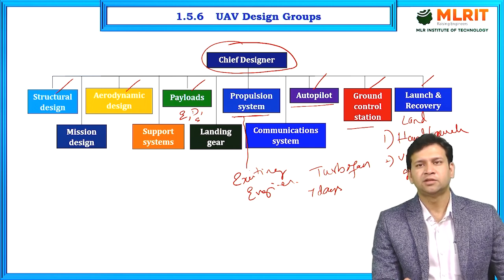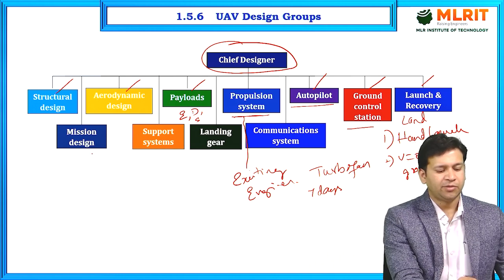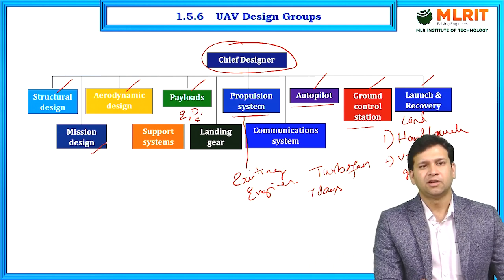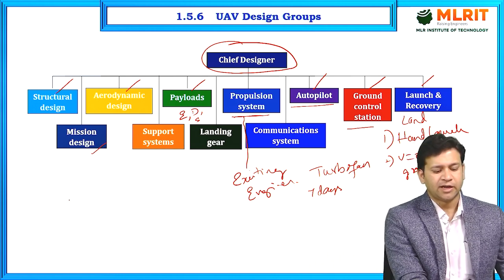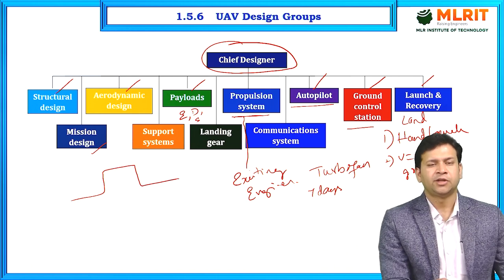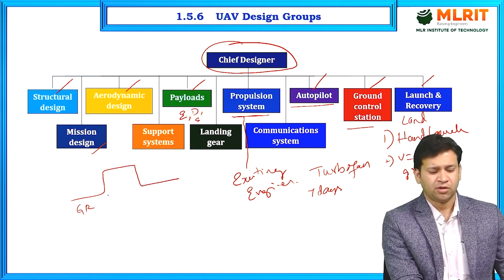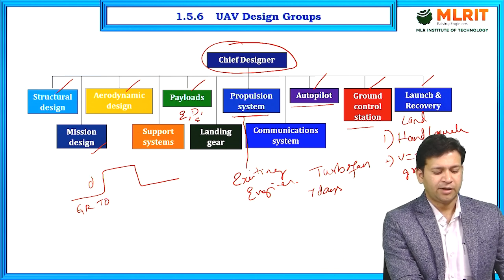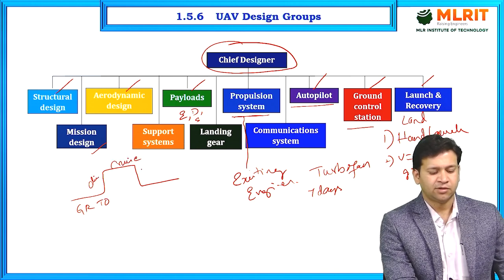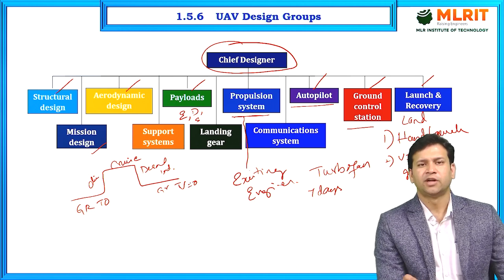Apart from these teams, a special team will be working on mission design. They'll be completely designing the objective of the unmanned air vehicle, like the ground roll, takeoff, climb, cruise, then descend and land, ground roll, and velocity equals 0, where it is grounded completely.